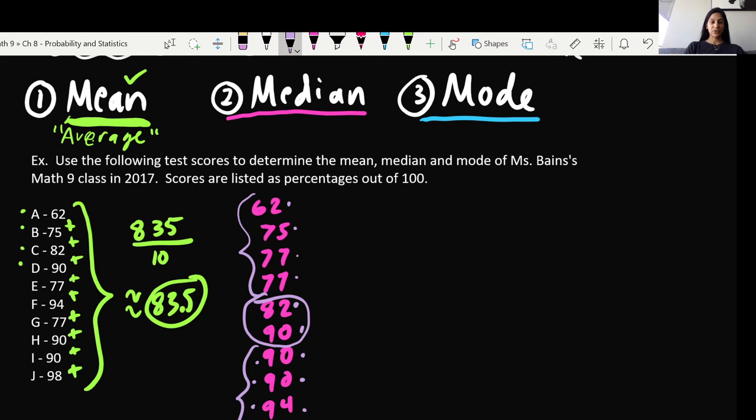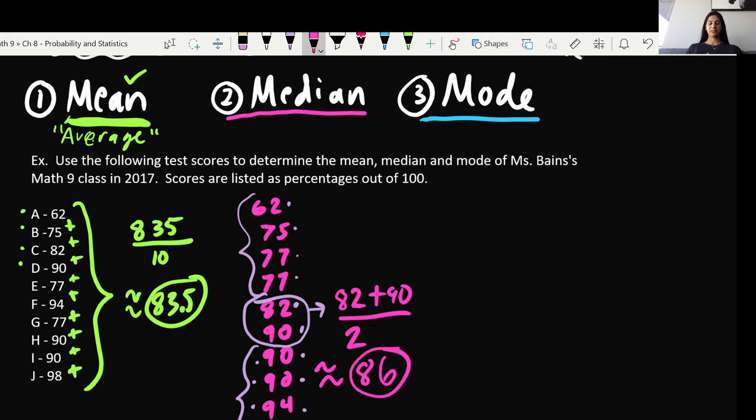So now I take those two that are chunked together in the middle, and I basically find the mean or the average of those two. So I would do 82 plus 90, and I would divide that by 2 to get the average or the mean of those two. So when I do that, I would find that my median is 86.